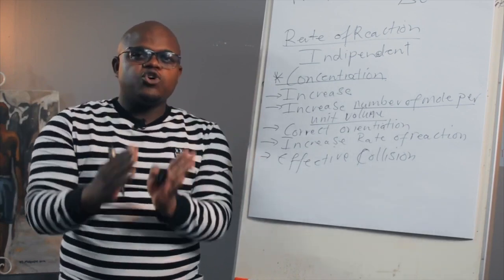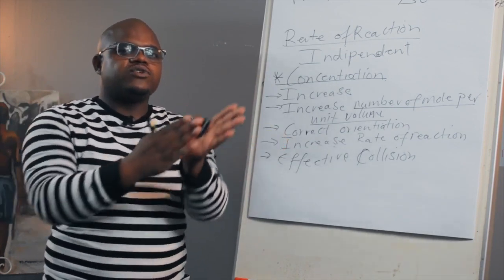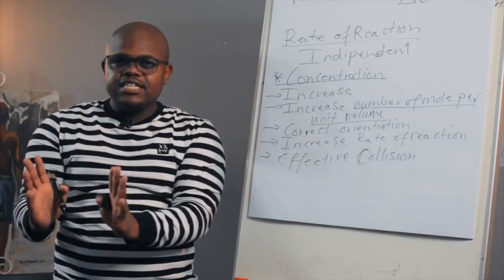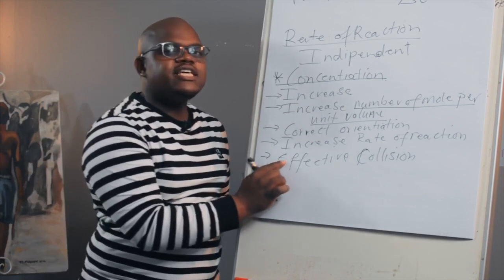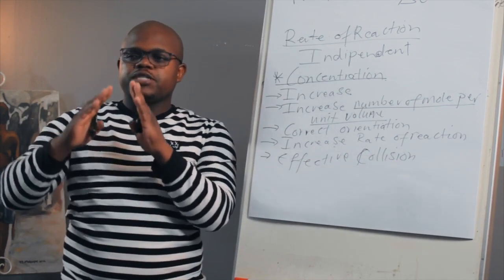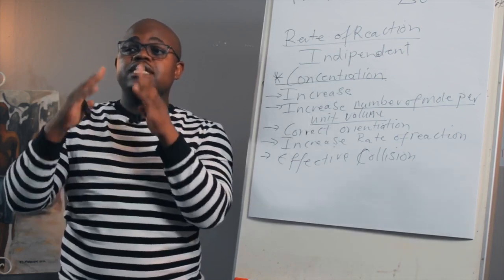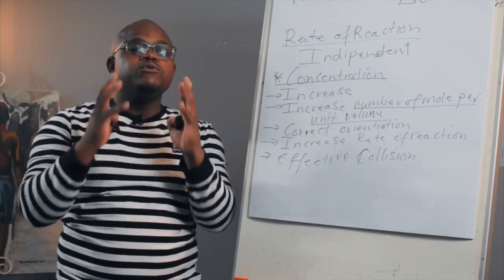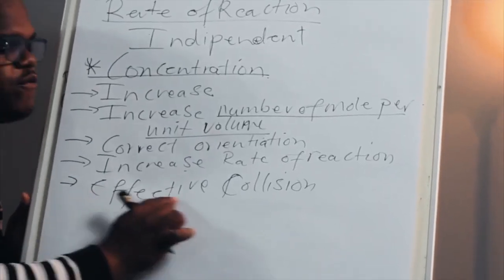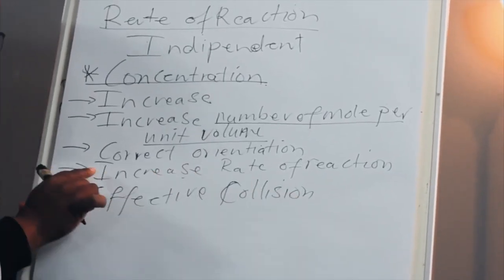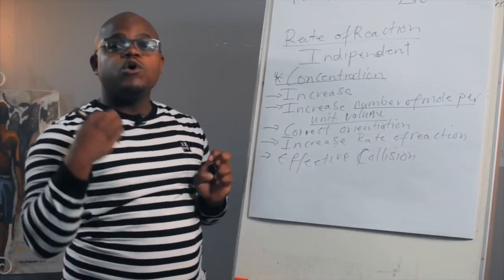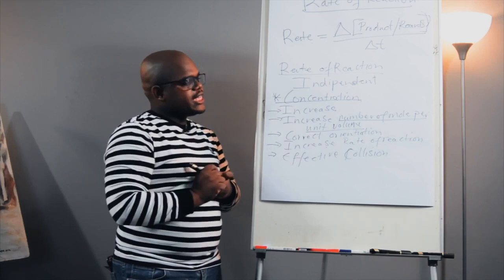If they increase, there is correct orientation. If there's correct orientation, the rate of reaction increases. If it increases, that means there is effective collision. Because every time when we are explaining factors that are affecting rate of reaction, we explain them using collision theory. So we must explain how effectively they collide. Whenever we increase the rate of reaction, there will be effective collision.